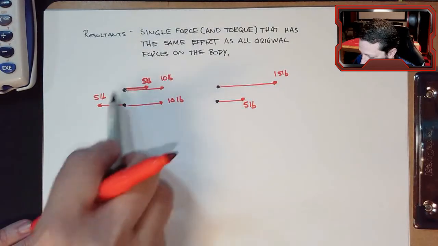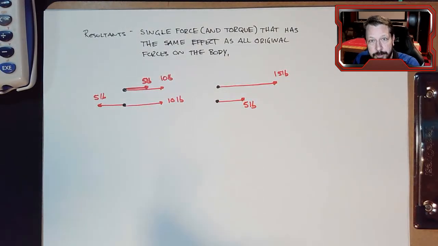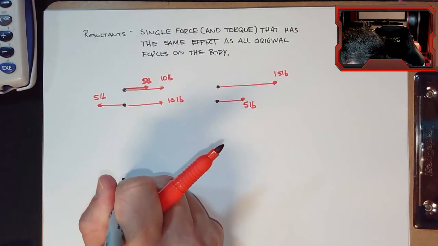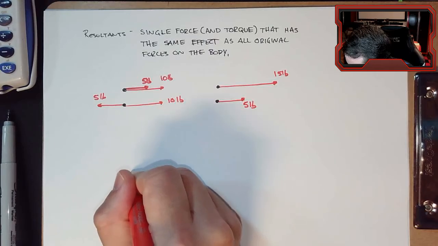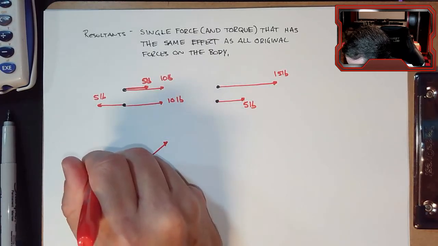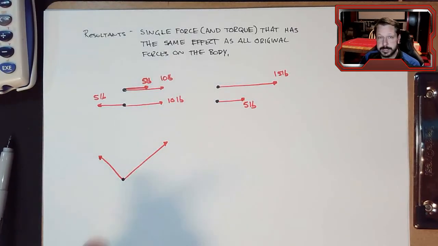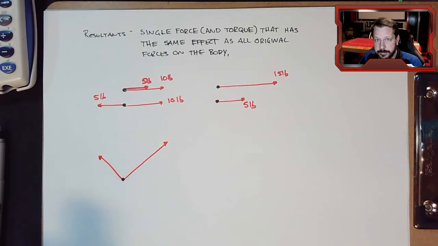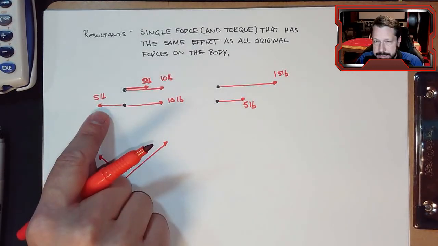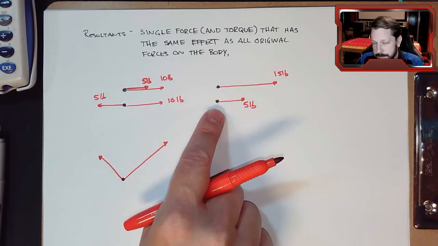More often than not, they're not all lined up, they're not collinear like this. Maybe they're more often at some angle. So now I've got a body. Now this is not static equilibrium. If this were static equilibrium, then basically the 10 pounds going to the right is balanced by 10 pounds going to the left, and the resultant is zero.